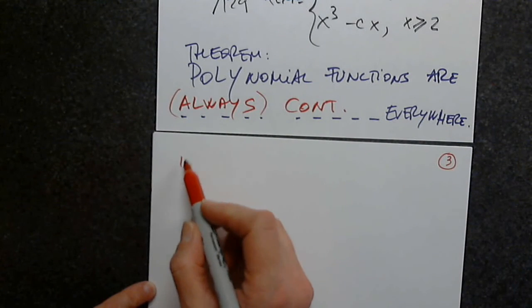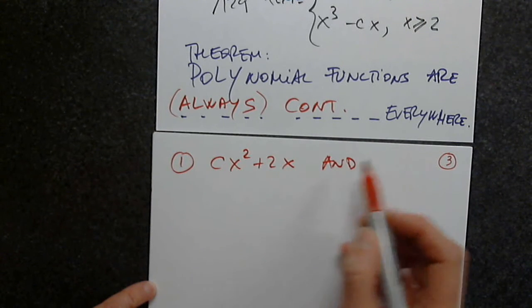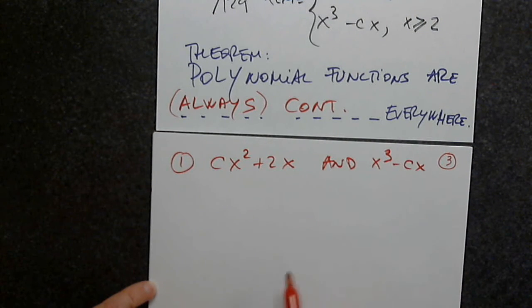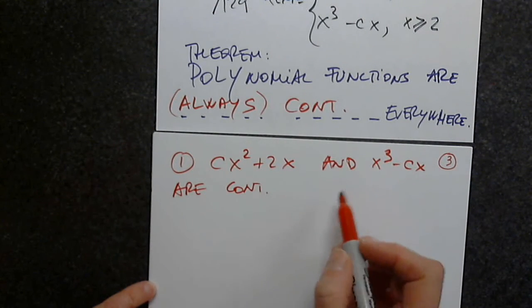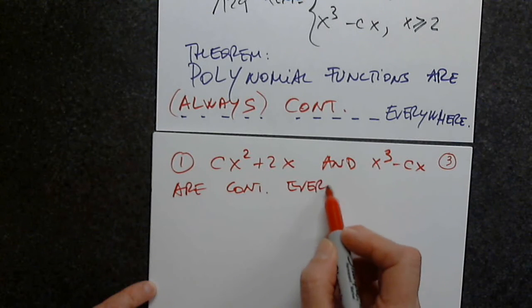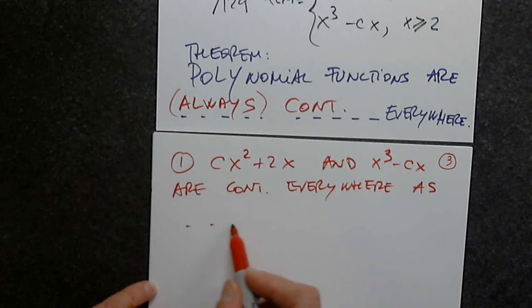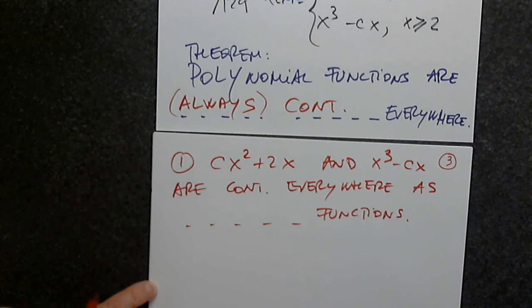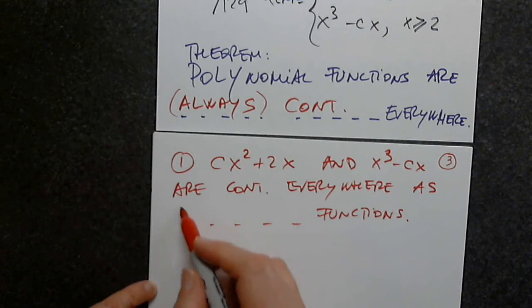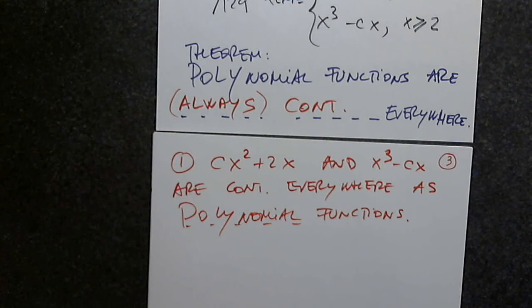So I'm going to start by writing that cx squared plus 2x and x cubed minus cx are continuous everywhere as functions. What are they? Exactly. So they're continuous everywhere. So there is no problem there.